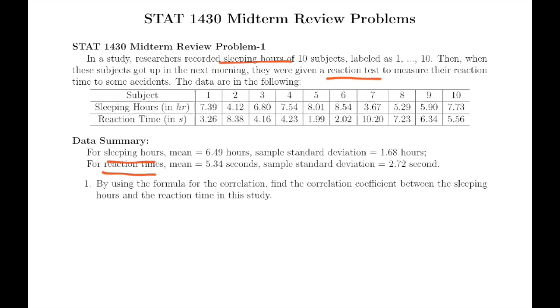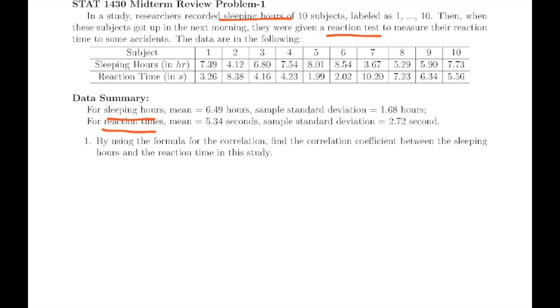Okay, so in the first part of this problem, we want to use the formula for the correlation coefficient, find the correlation coefficient between the sleeping hours and the reaction time in this study.